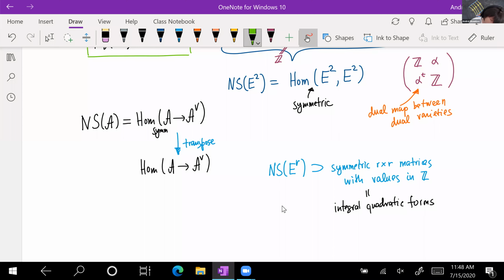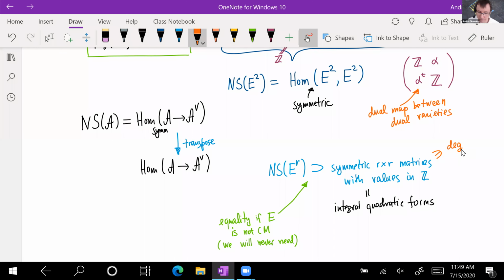And this is an equality if E is not CM, which we will never need. All our line bundles, the degrees of all our line bundles, will always land here.